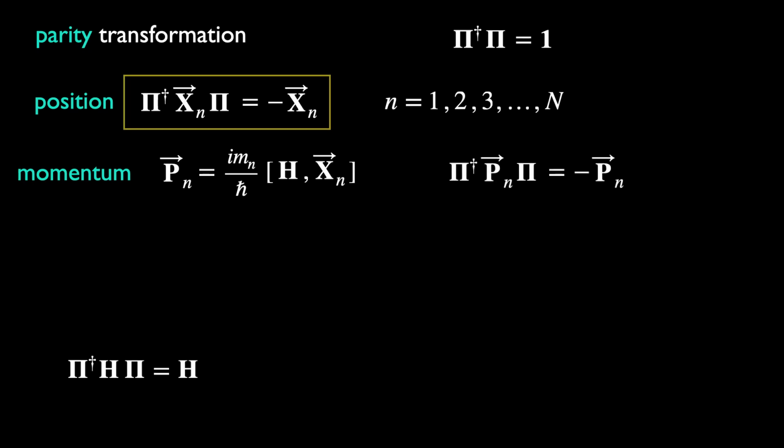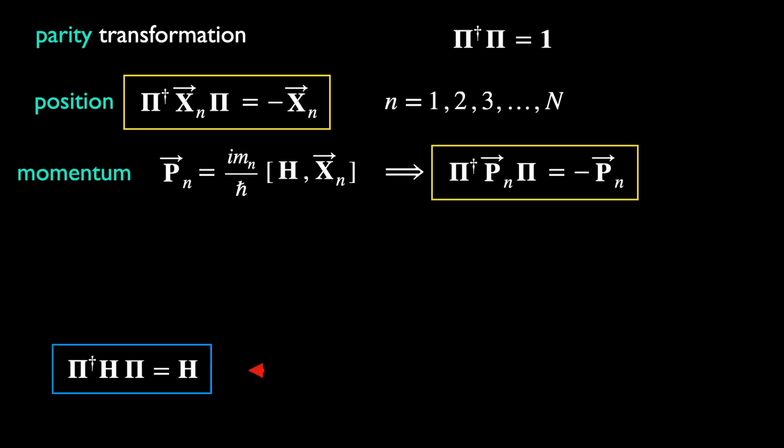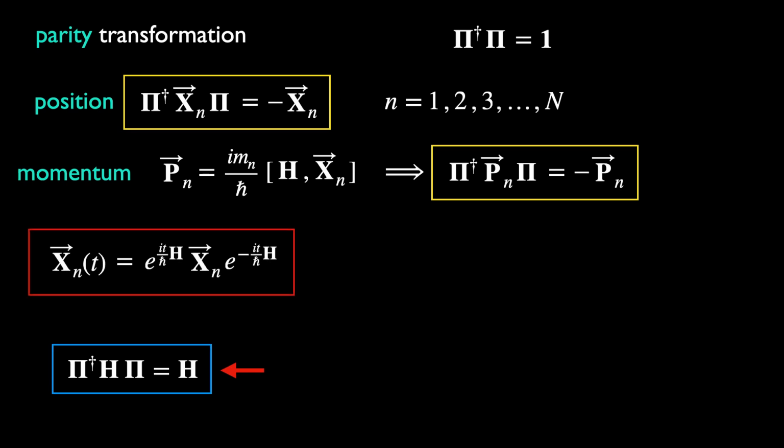The transformation rule for X implies the transformation for P, given that the Hamiltonian is parity invariant. The invariance of H is also essential if we want to maintain our rules for parity transformations for all times. This is quite reasonable, since H is the generator of time evolution. Let's show this explicitly. This is the parity transformation of X at some arbitrary time.